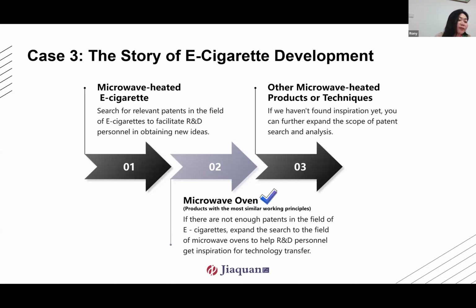After all, microwave heated e-cigarette is a newly emerging and relatively niche field, and the patent layout and R&D may not be very mature. But in the technical field of microwave ovens, which has been developed for many years, there may be some technical solutions that can bring more inspiration and help to the client's R&D. Yes, finally, we did find several patents that can provide some very practical inspiration for the client's R&D.